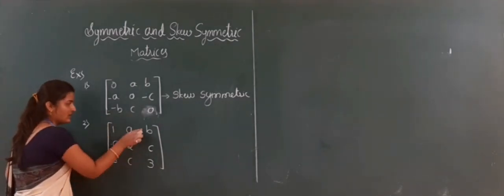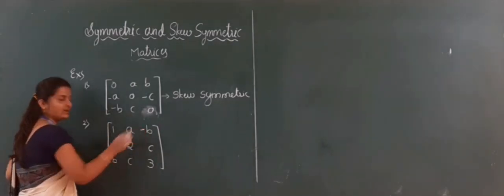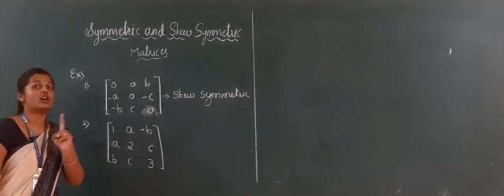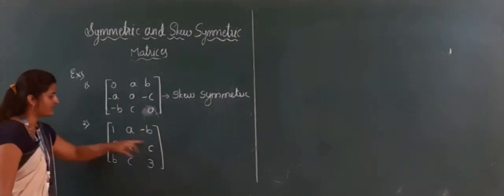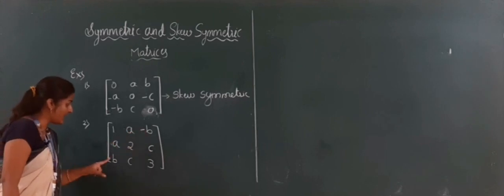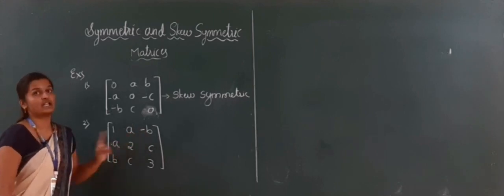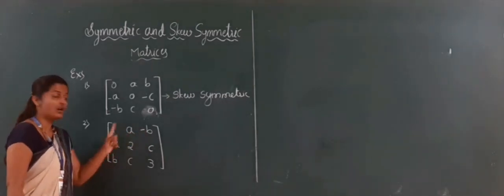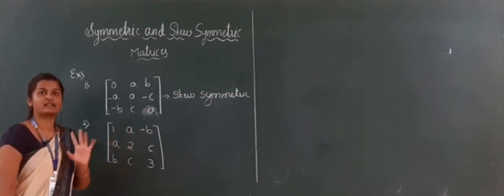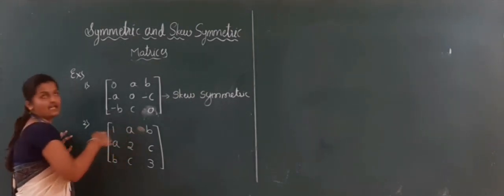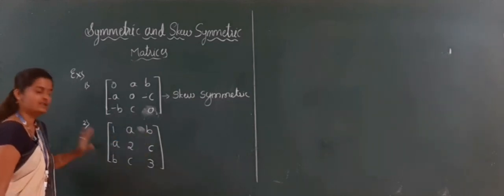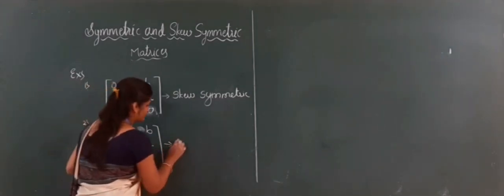If they had given a minus by default, then also it would not be symmetric, because A is same, C is same, but B and minus B are not the same. So all non-diagonal coinciding elements should be same, so it can't be symmetric. But now this is a symmetric matrix.